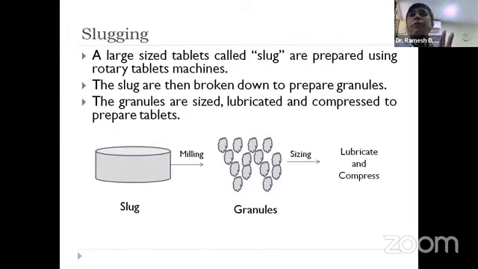The granules are only prepared when your API does not have good flow or good compressibility. So, to enhance compressibility and flow, we need to prepare granules. Slugs are not required to have those attributes, the good crushing strength and uniformity. So the slugs are broken, the granules are prepared and they are further compressed to prepare tablets having uniform size, uniform weight, and uniform crushing strength.